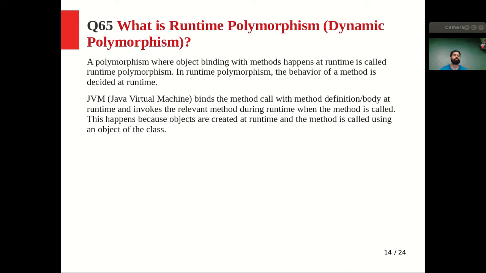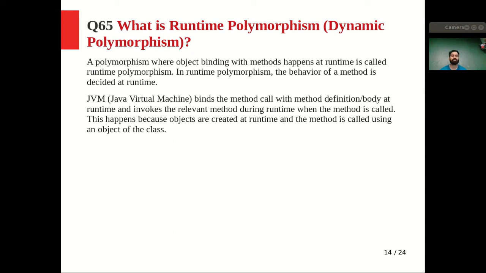So in runtime polymorphism, the behavior of a method is decided at runtime. The JVM, that is the Java Virtual Machine, binds the method call with a method definition or body at runtime and invokes the relevant method during runtime. This happens because the methods are called using the object of the class.